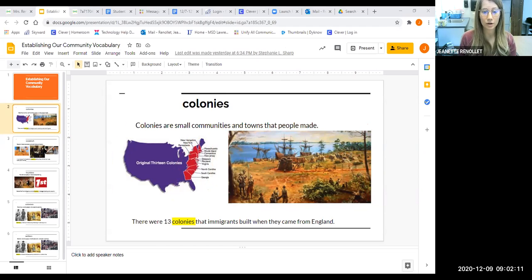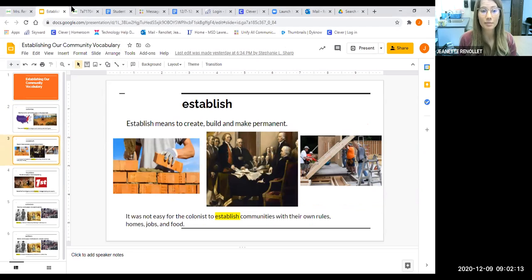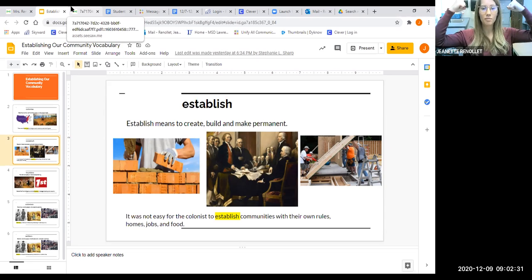Our next word is establish. I want you to say the word, the definition, and do the motions with me. Ready? Establish. Establish means to create, build, and make permanent.